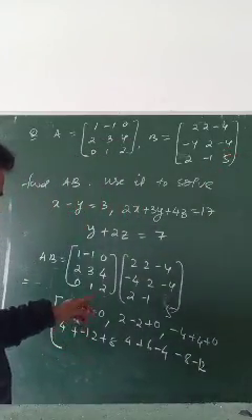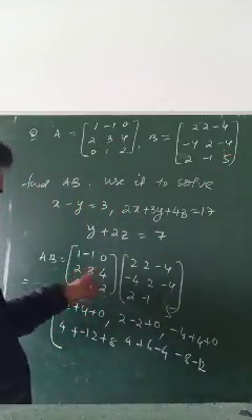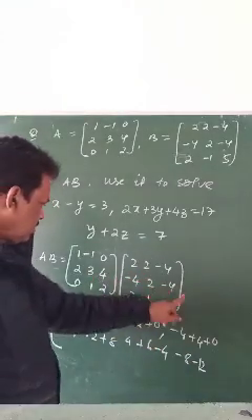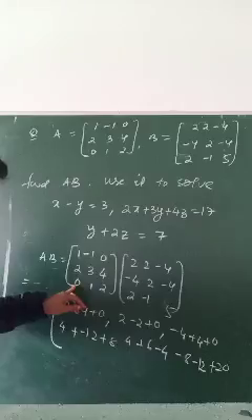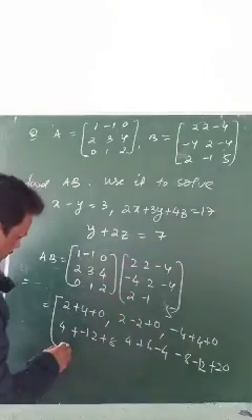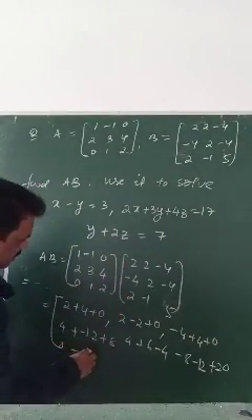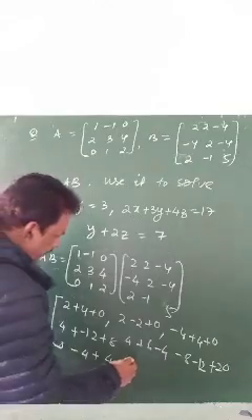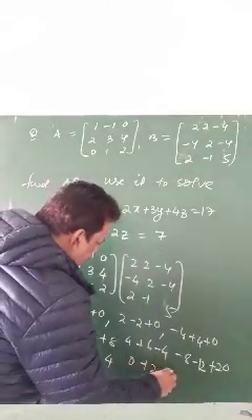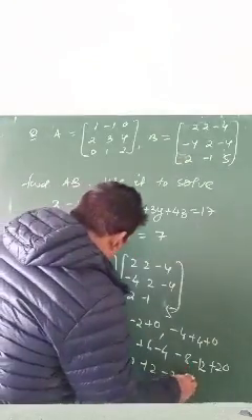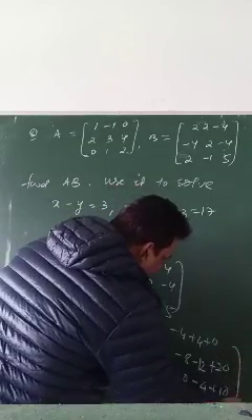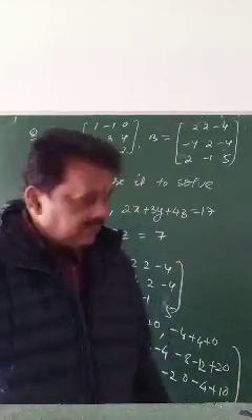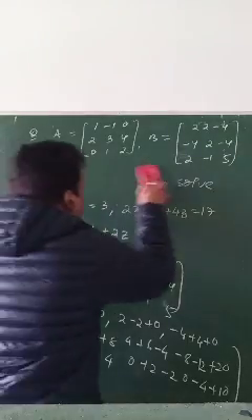So it will be 2 minus 8 minus 12 plus 20 coming here. Okay, then this row, this column, 0 minus 4 plus 4, 0 plus 2 minus 2, 0 minus 4 plus 10.